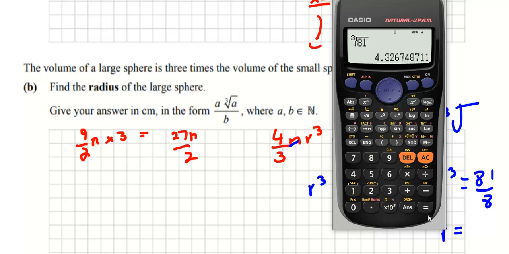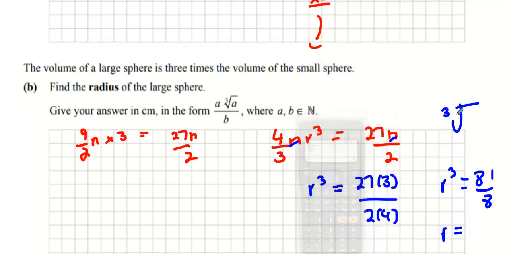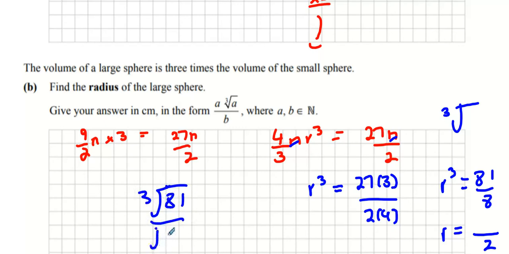Cube root of 81, that doesn't work either, which ain't great. Cube root of 8 on the bottom is 2. So it's definitely 2 on the bottom, because it's the cube root of 81 divided by the cube root of 8. And the cube root of 8 is 2.